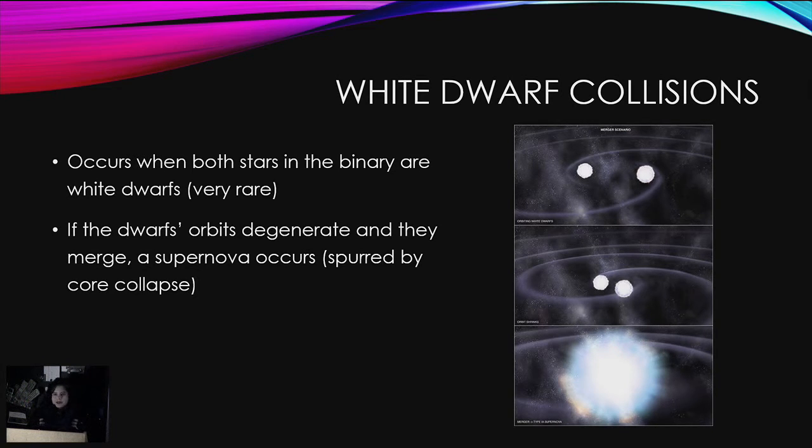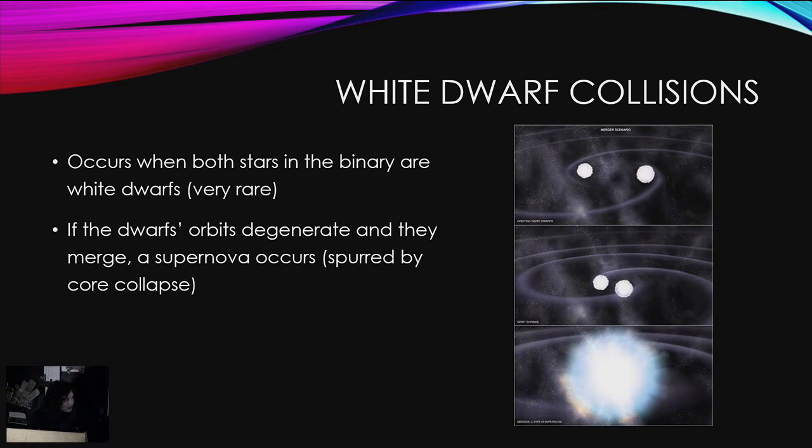And if the white dwarf gets bigger than that, it'll collapse, because it doesn't have fusion in the center pushing outwards to counteract gravity. So, if two white dwarfs are spiraling in toward each other, they're most likely big enough that when they merge, they exceed that limit, and they collapse. And when the core of a star collapses, it sends out a shockwave that explodes out the outer layers, and that's a supernova.